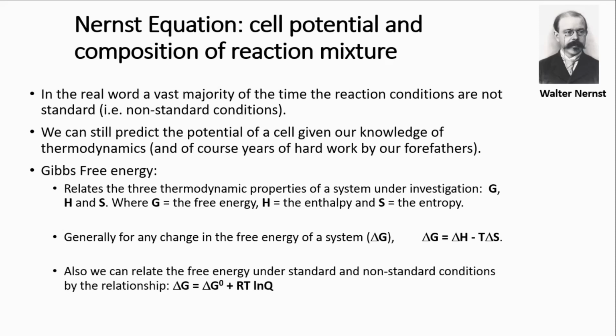Now also we can relate the free energy change under standard and non-standard conditions by the relationship given here, which says that the change in free energy, delta G, is equal to the change in the standard free energy, delta G naught, plus RT, where R is the universal gas constant, T is the temperature in Kelvin, and then we have the natural log of the reaction quotient.